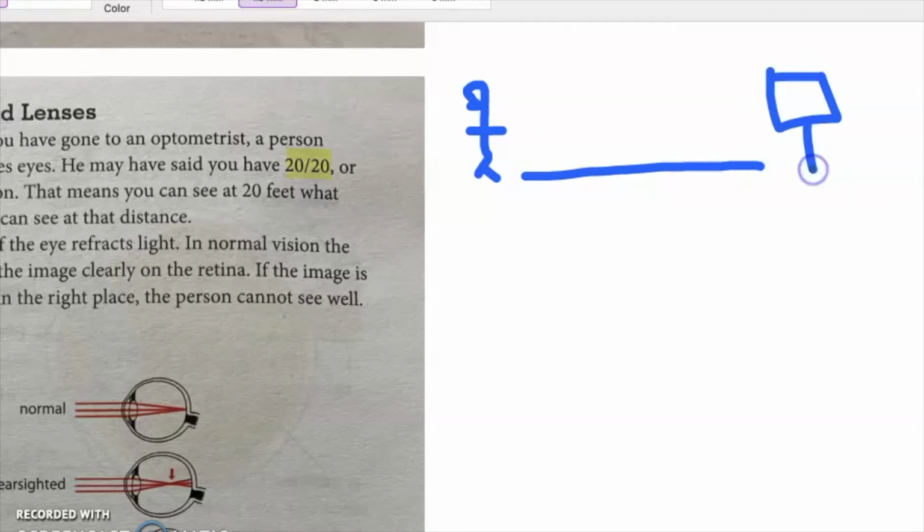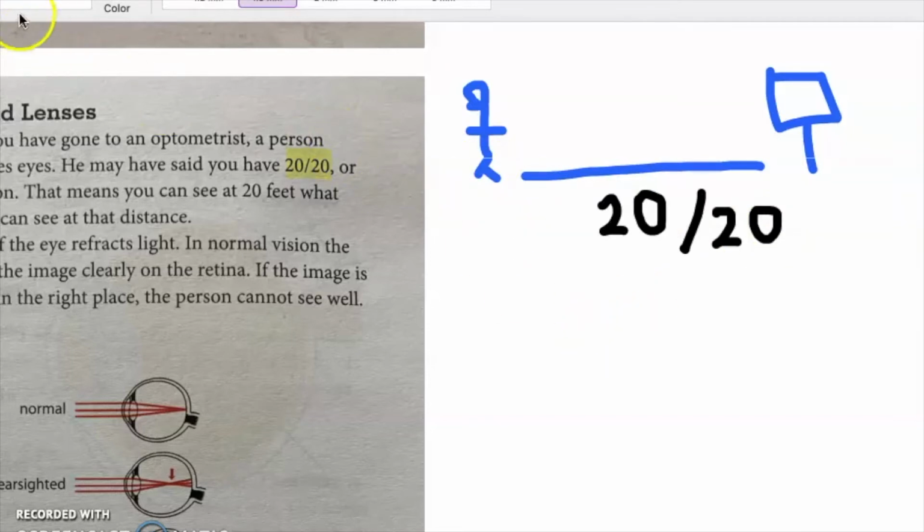And this person can see whatever is on the sign clearly from 20 feet away. And it's very normal because anybody else would see it from 20 feet away. That's 20/20. So the number in front is your vision and the number at the back represents what normal people would see.